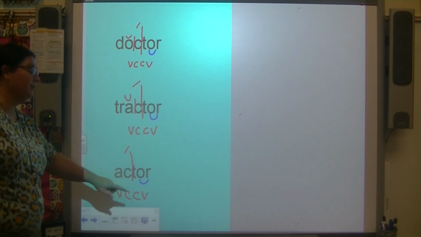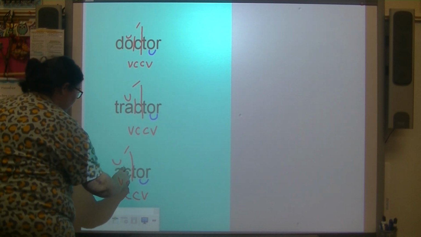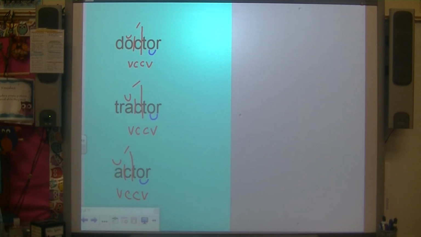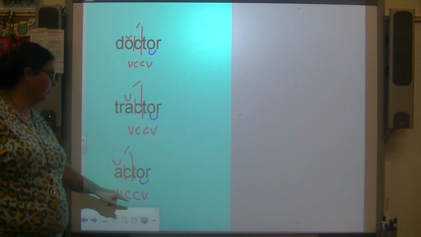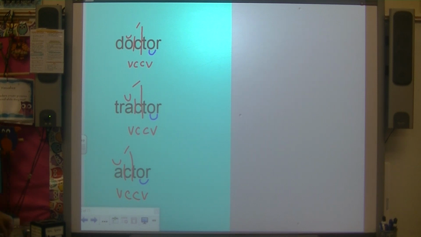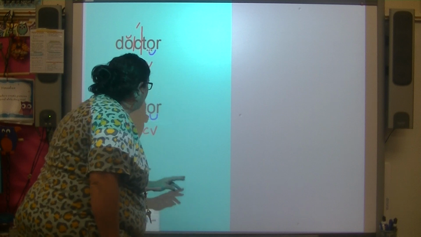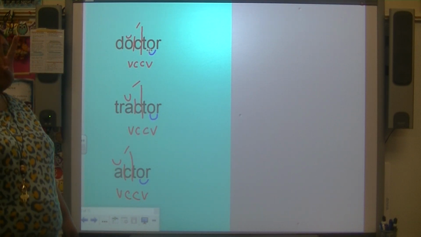Now, vowel followed by consonant is short. Actor. What word? Actor. All right, so all of these words were how many syllables? 2 syllables.